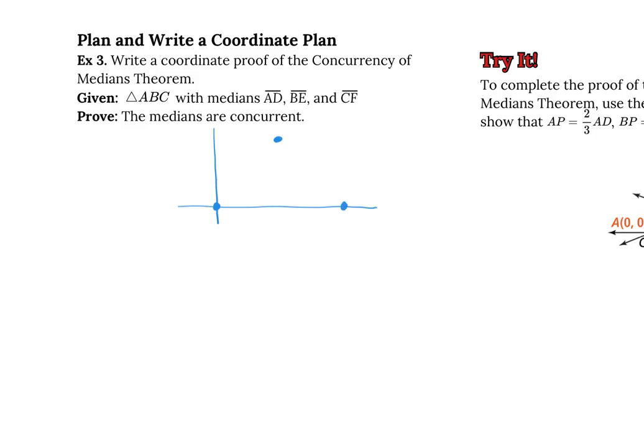Okay, and it's triangle ABC, so A is at 0, 0. B would be 2a, 2b, because we're going to have our medians in there, our midpoints in there. And then C would be at 2c and 0.